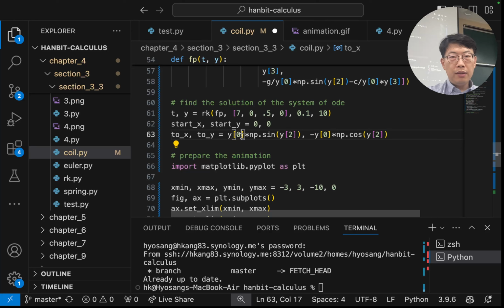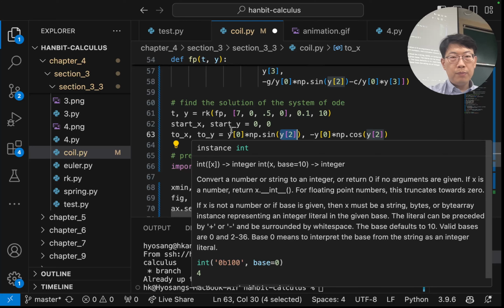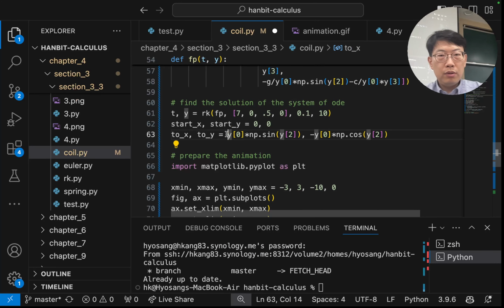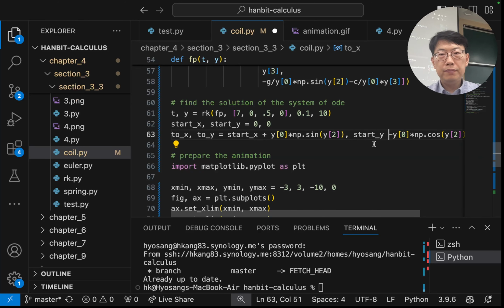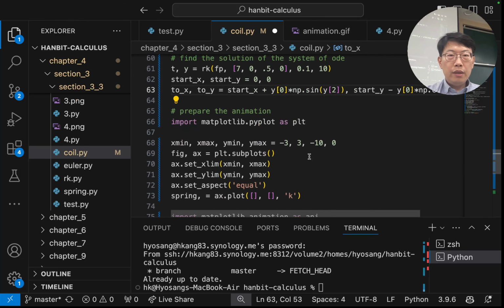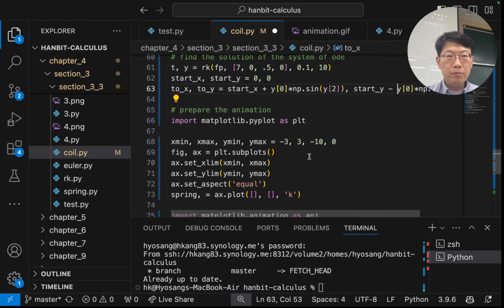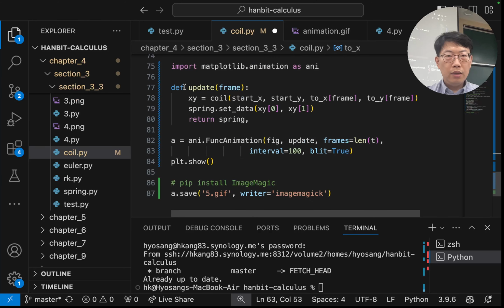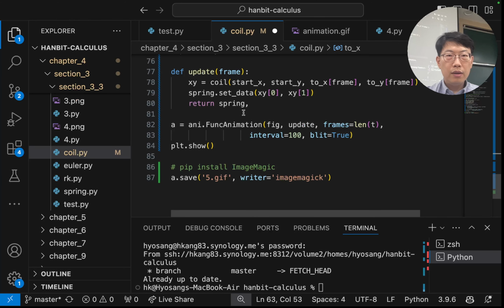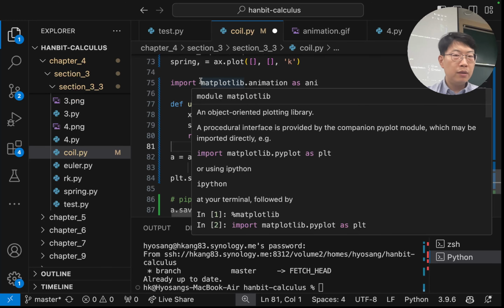Let's see. This is L and this is theta. I put my start y to be 0, but I have to add this here. And then let's make it move. So here we have the plot, and I tried to make it a moving picture.